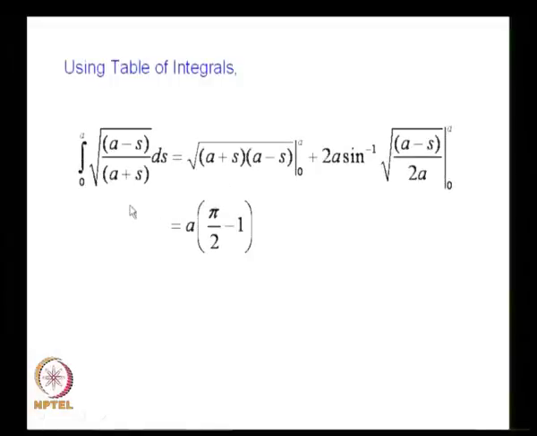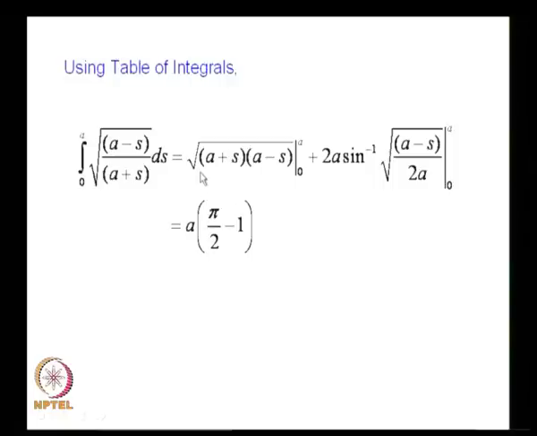So, in the first case, when the loading is triangular, you would have to look at the integral of root of a minus s divided by a plus s into ds, and when you do that, it turns out to be, from the table of integrals, an expression like this.